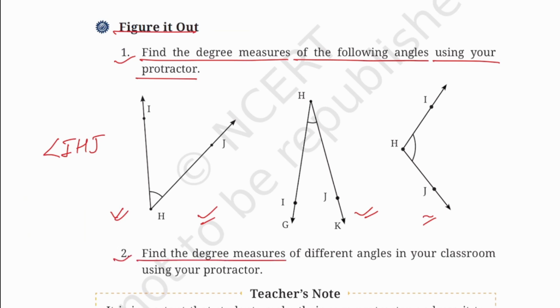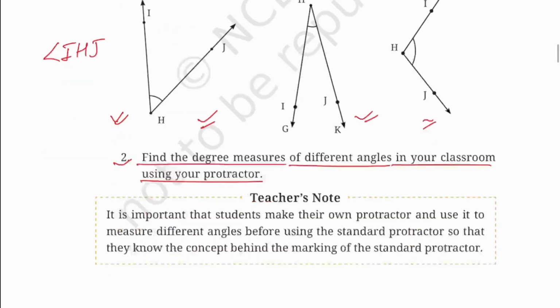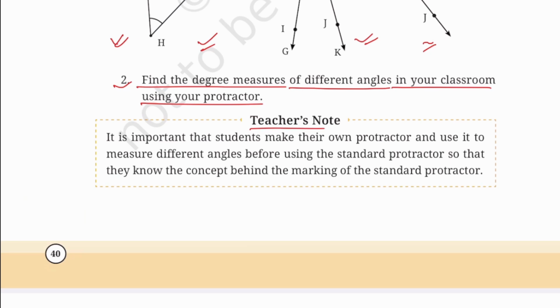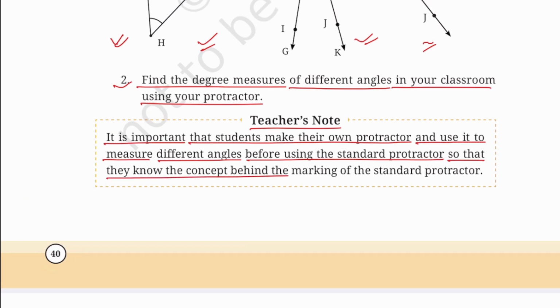Find the degree measures of different angles in your classroom using your protractor. Teacher's note. It is important that students make their own protractor and use it to measure different angles before using the standard protractor so that they know the concept behind the marking of the standard protractor.